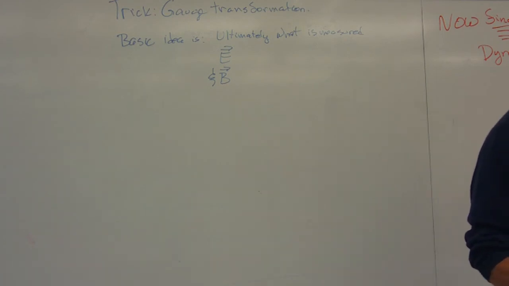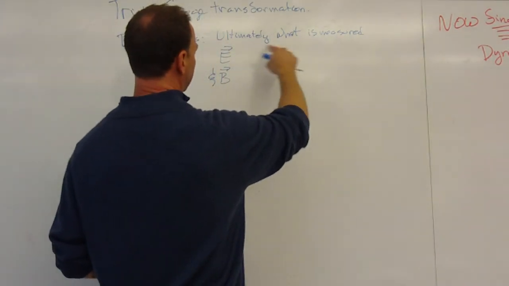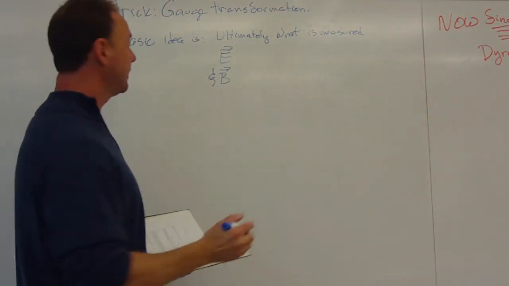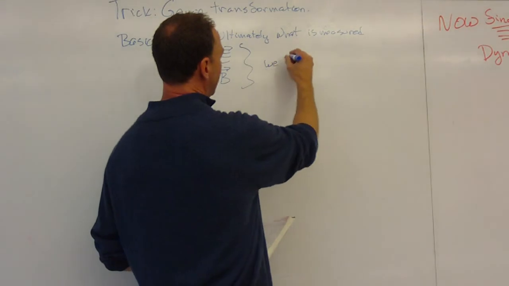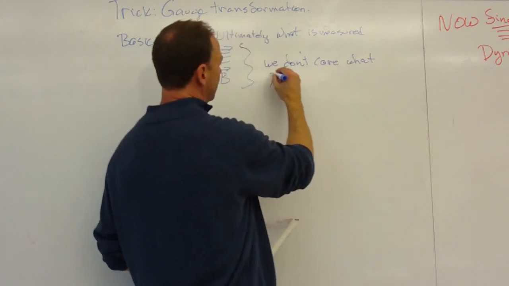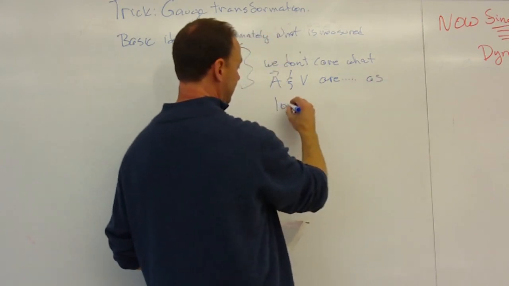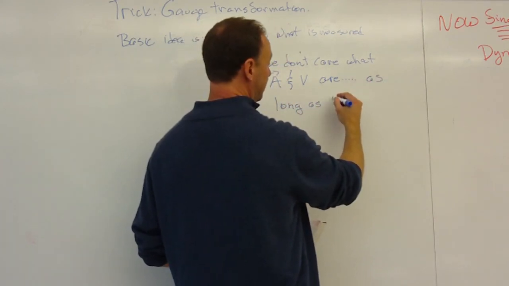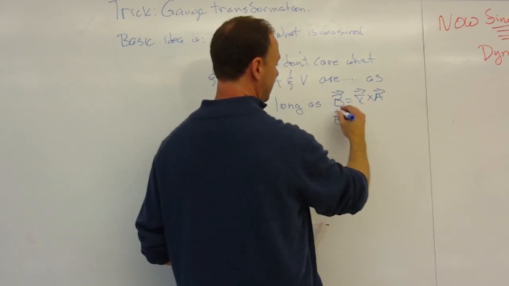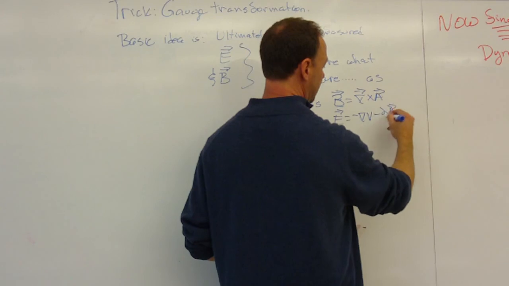All right, and here we go. I'm going to follow Griffiths. Ultimately, what is measured and what matters is E and B. That means, in some sense, we don't care what A and V are, as long as B equals the curl of A, and E equals minus the gradient of V minus the partial of A with respect to t.